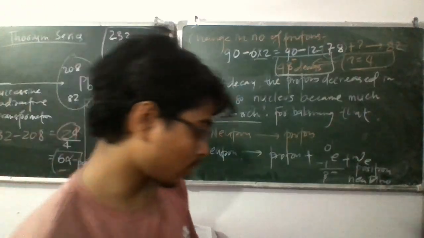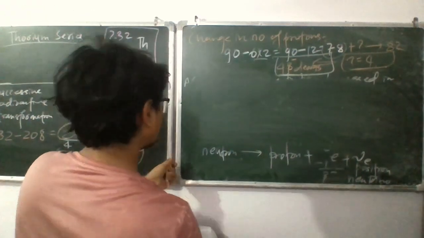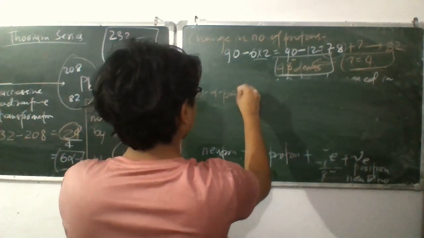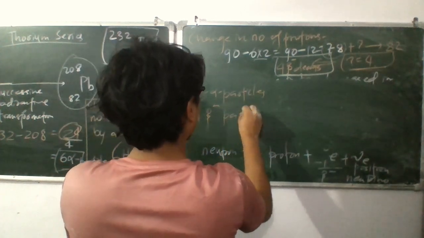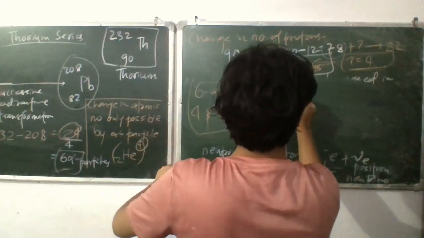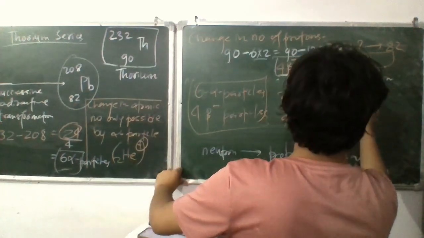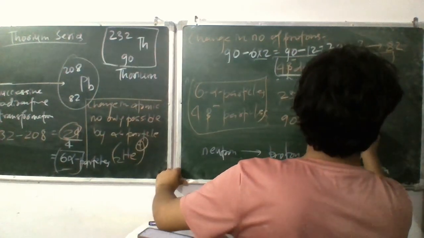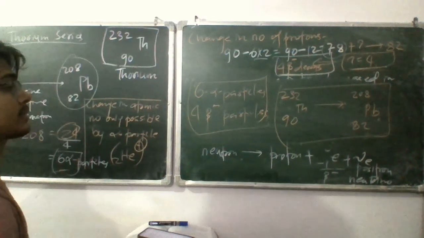So we have got to know that in this series, 6 alpha particles and 4 beta negative particles are emitted to give 232 thorium 90 into a stable configuration of 208 Pb 82. This is the gist of the thorium series.